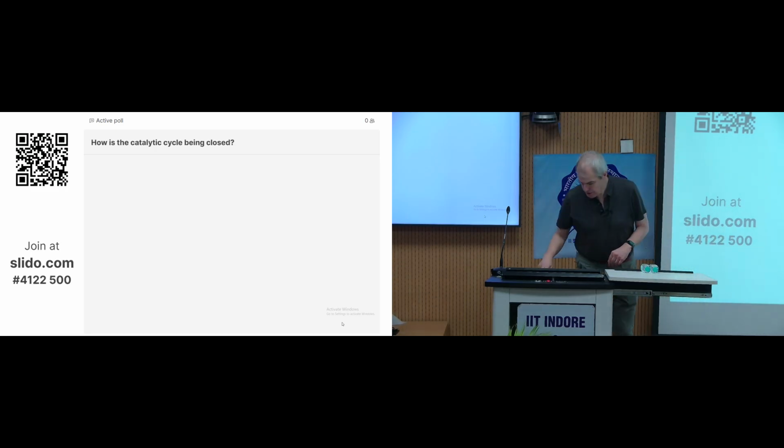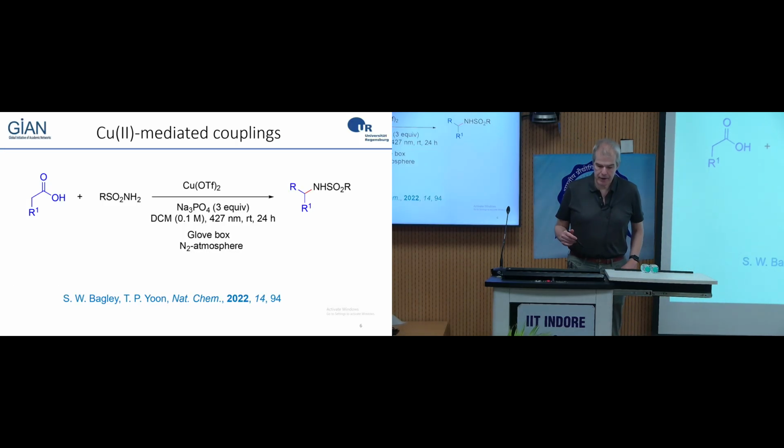I show you the reaction again. You see, you start with this. Let's already start on the reaction mechanism. So they start with copper 2. They do the decarboxylation. They oxidize the carboxylate, and this gives you copper 1.